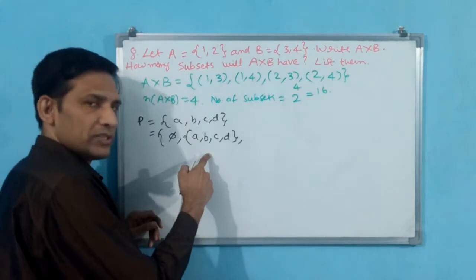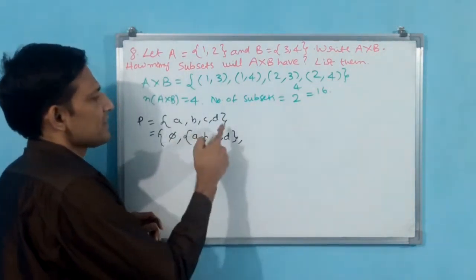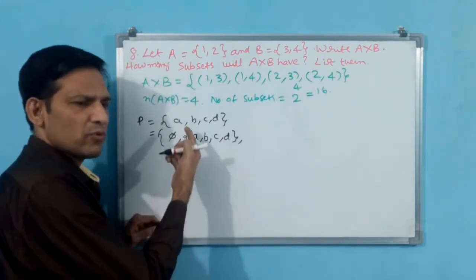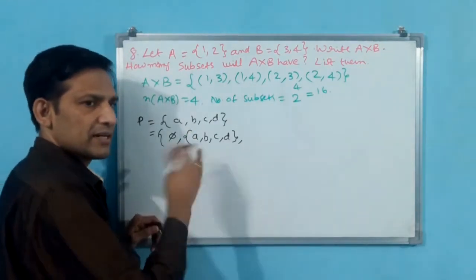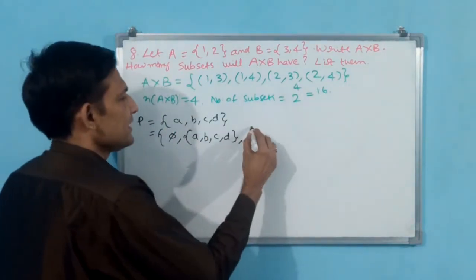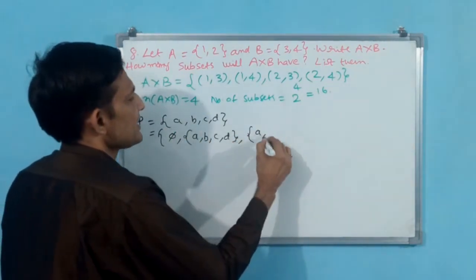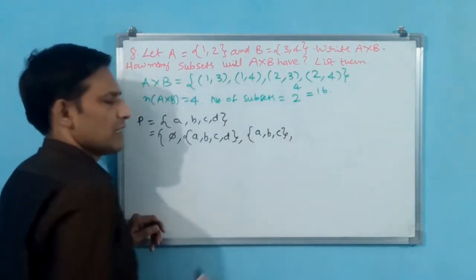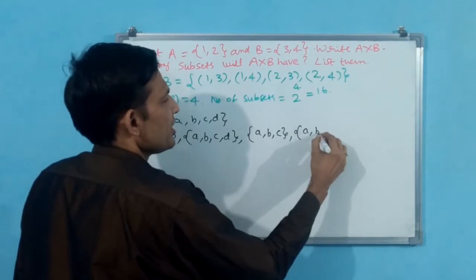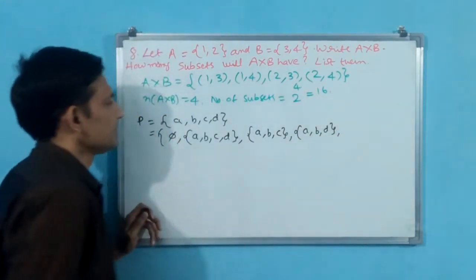Empty set, full set. Then you go for 3 sets. Why? Because after empty, a total of 4 elements we have taken. Full set means 4 elements, only 1 comes. It cannot have more than 1. Now we take 3 sets. 3 sets have A, B, C. Let us take A, B, C, comma. Then A, B, D, comma.